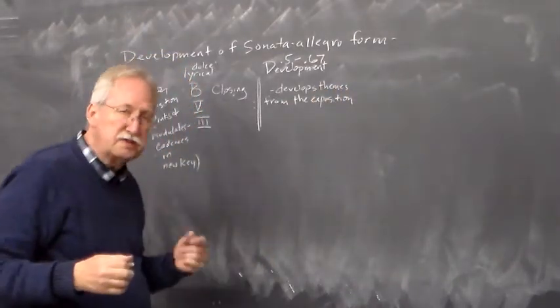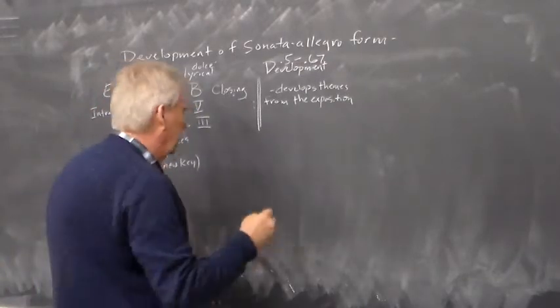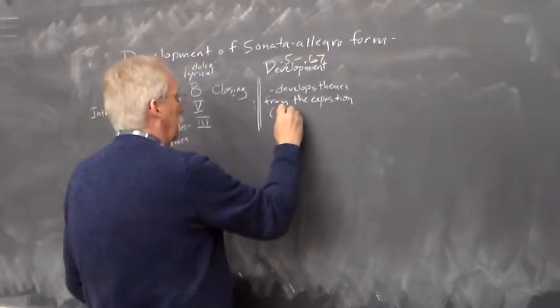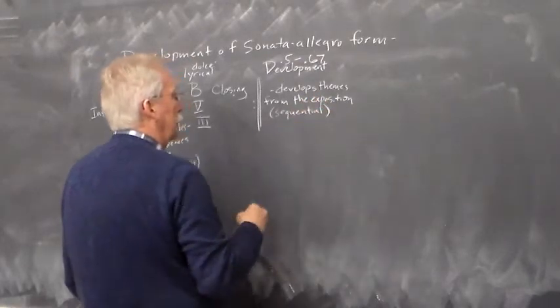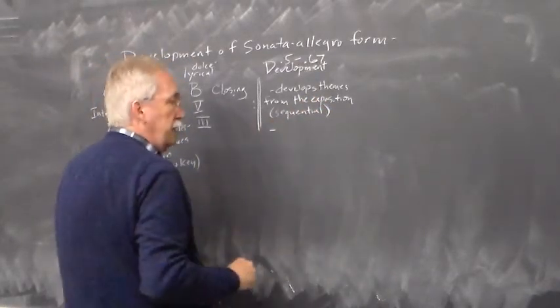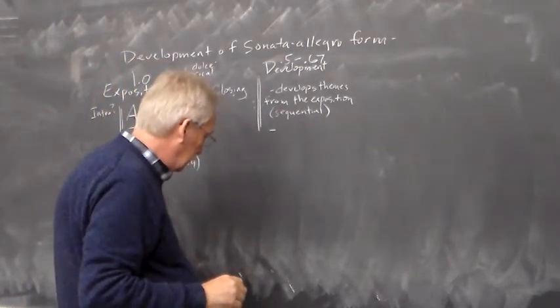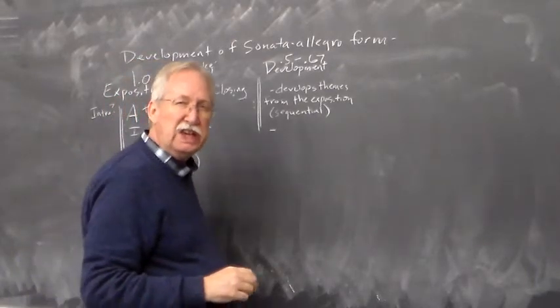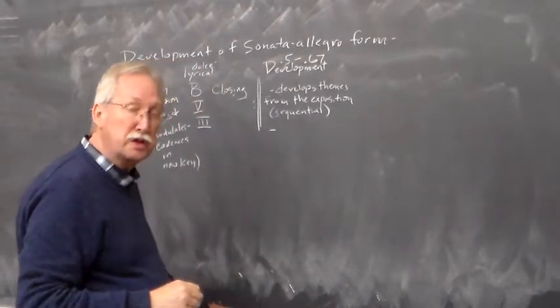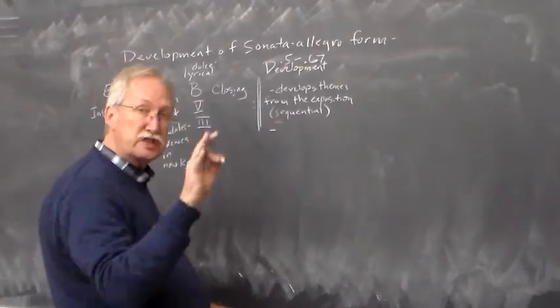So themes or motives, that means that you might have a lot of sequential writing. And then the other characteristic is that harmonically it is unpredictable as far as exactly what key it's going to be in. It's going to modulate through closely related keys if it's Mozart or Haydn. Beethoven starts to get to more distant keys.